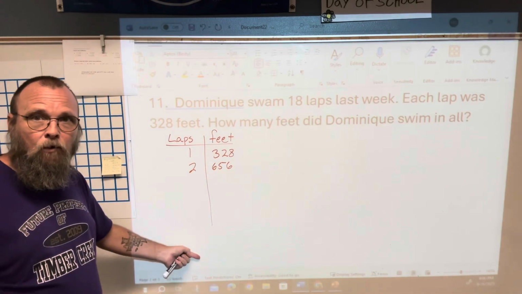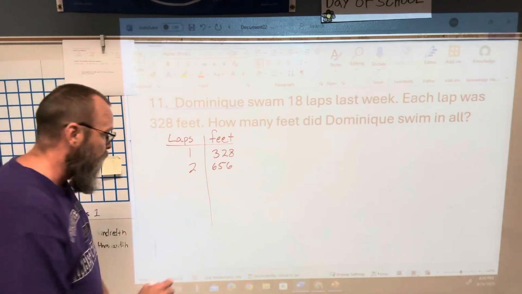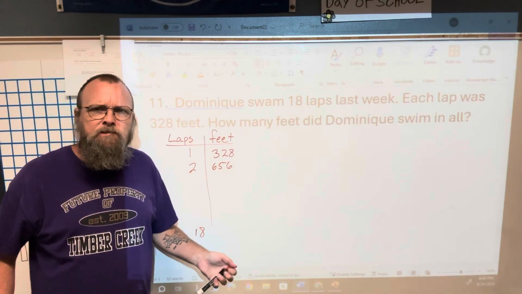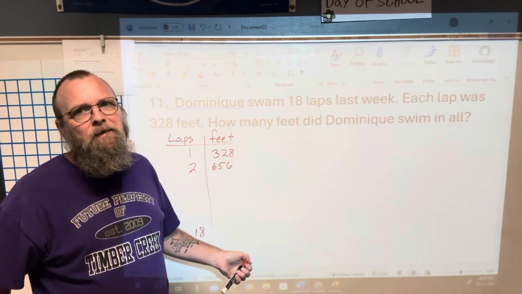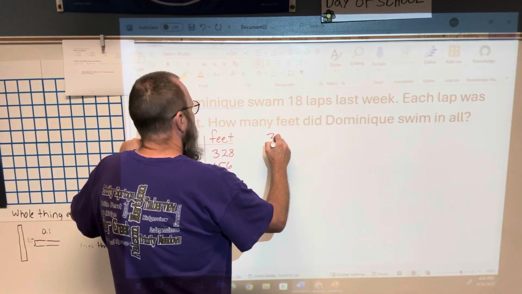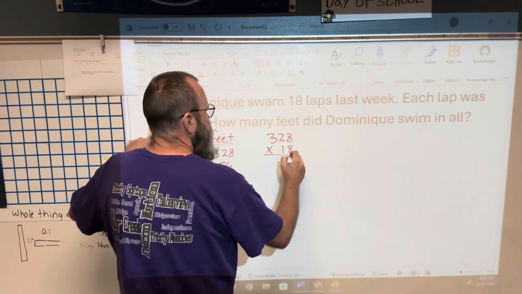And I could keep going, adding 328 every time, all the way down to 18. Repeated addition, basically, is what this is. I don't want to do repeated addition. I want to do multiplication. So I could do 328 times 18.